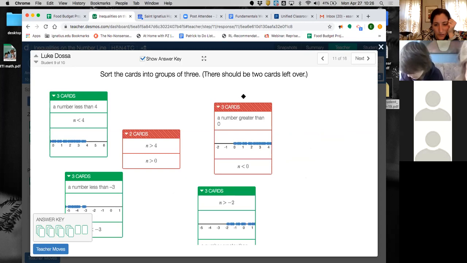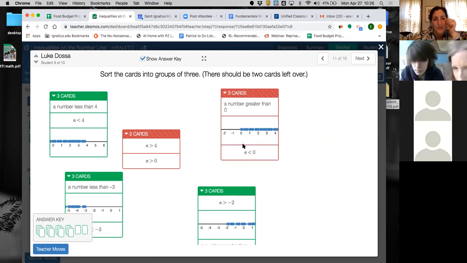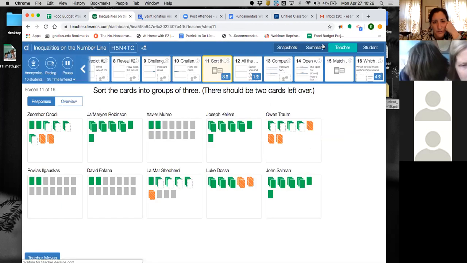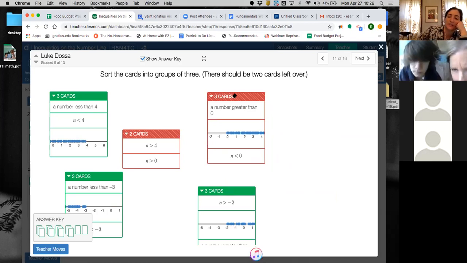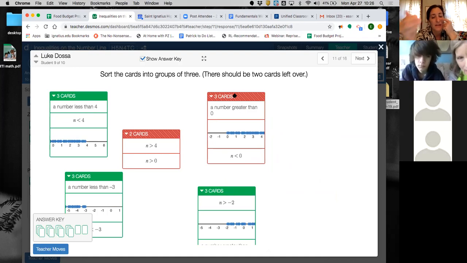Let's see what we got there. Do you see my Zoom screen now, or are you still just on the Desmos screen? I'm on the Desmos screen. Okay. Let me reload yours because it looks like your 0 one is still mixed up. So a number greater than 0, that looks good, matched with your graph. But that symbol that you have there is the less than symbol. So you need to switch that with the greater than symbol.